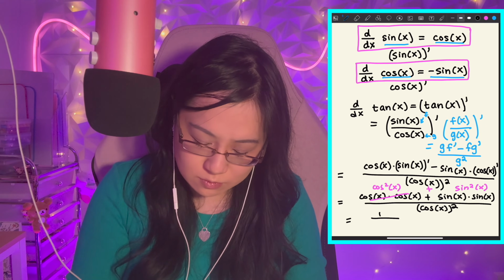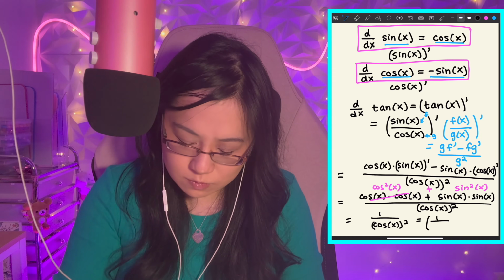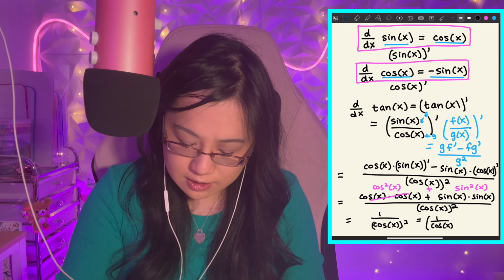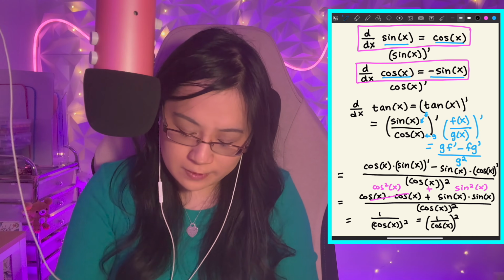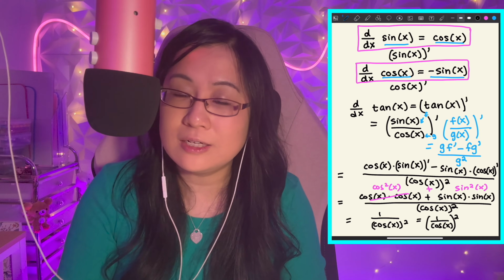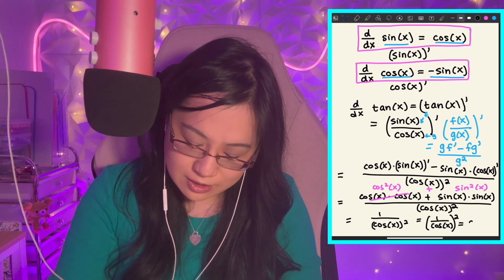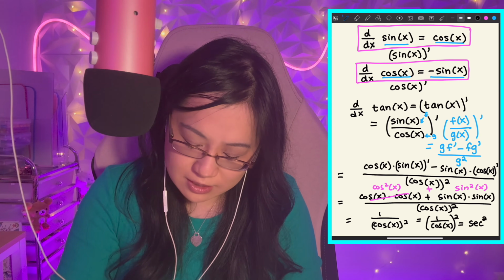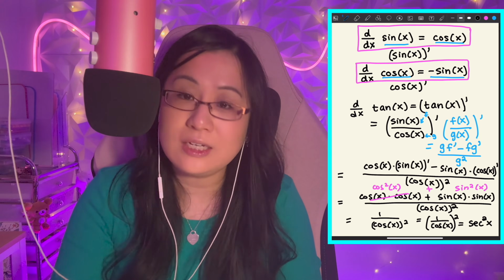So this is 1 over cosine x squared, which you could write as 1 over cosine x, like this, squared, because 1 squared is 1, and 1 over cosine of x is secant, by definition. So this is the same as secant squared x. So the derivative of tangent of x is secant x squared, or secant squared x.